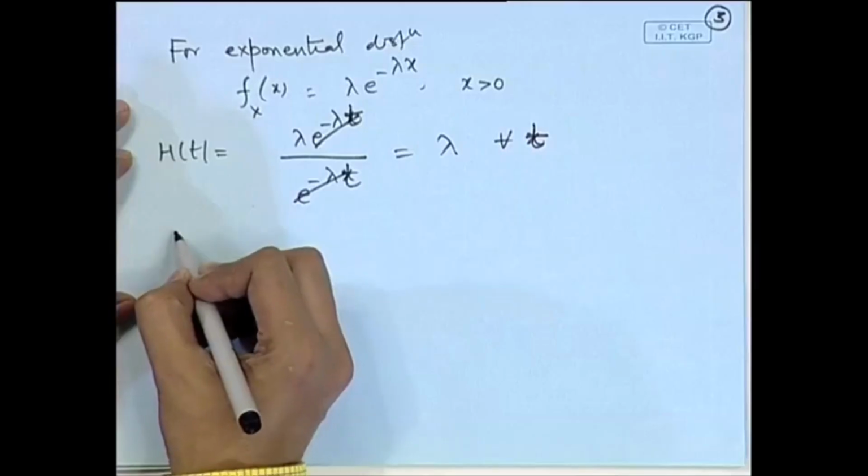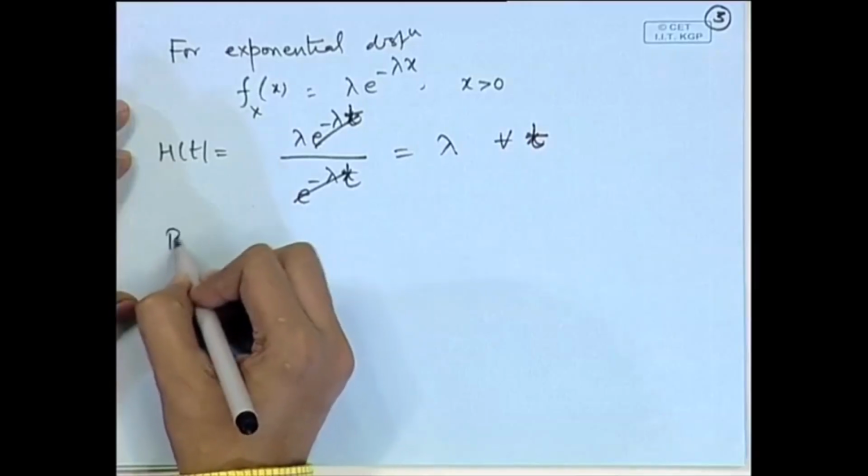We also discuss the reliability of complex systems. Many times the entire system is made up of several components, which may be connected in parallel or in series. So, let us consider the reliability of such systems.